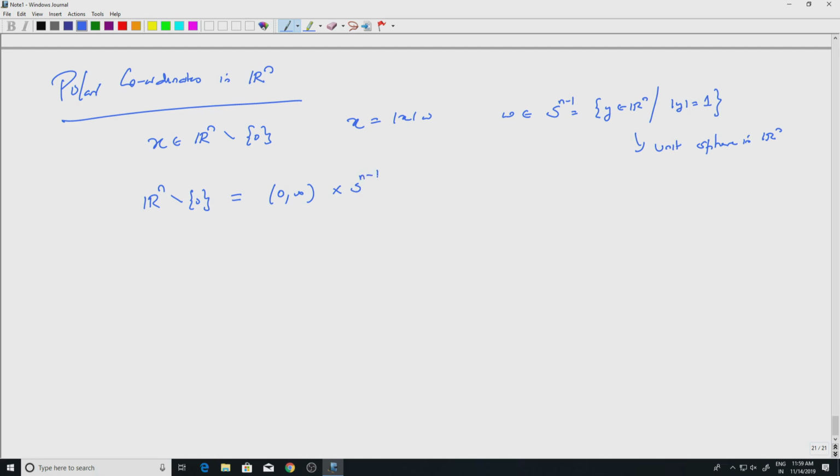What is the identification? x going to mod x comma some omega, right, omega in Sn minus 1. So, if you want, omega is actually x by mod x, correct, that is a point in Sn minus 1. Okay. So, we put measures on the right hand side, and then we will see that it gives us Lebesgue measure on the left hand side.